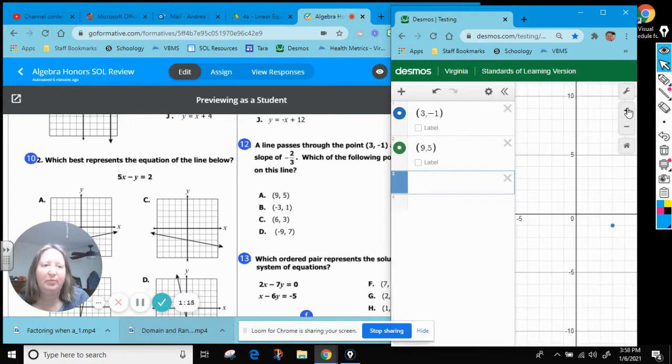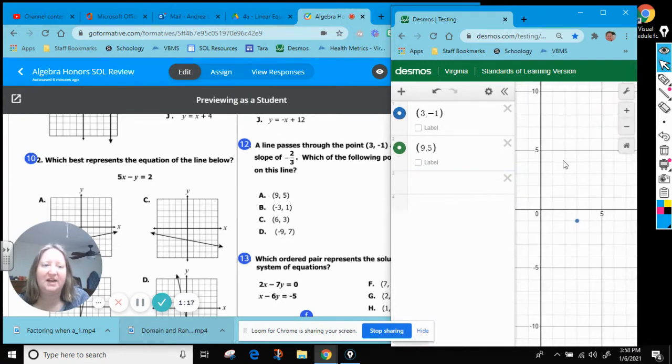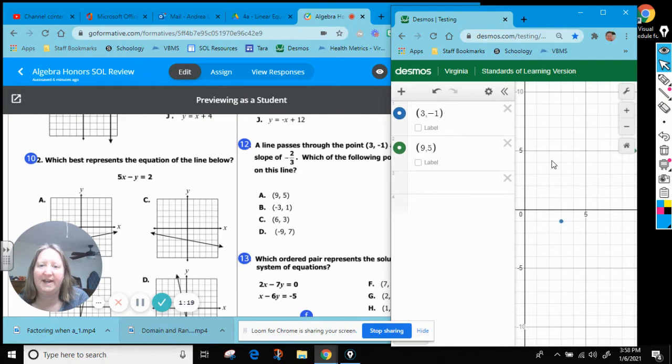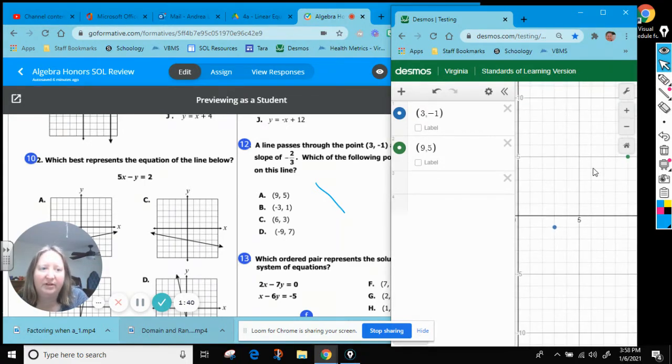Let's make it a little bit bigger so that you can see the boxes to actually count your slope of -2/3. Negative means I'm going to have a line that's sloped downwardly, like a negative slope is like this, right? So if I'm starting at this blue dot, there's no way I can make my way up to that green dot. There it is. See, that's going the opposite direction. So I'm pretty sure it's not A.